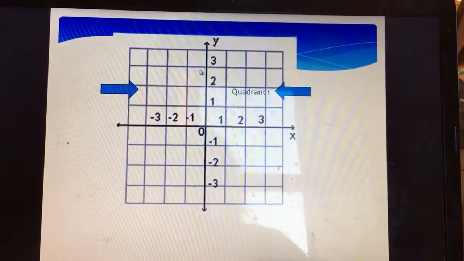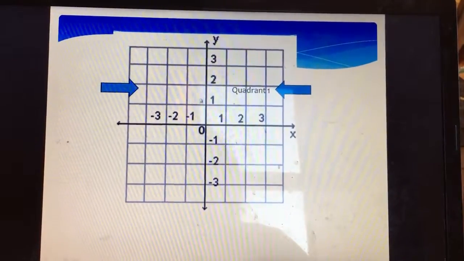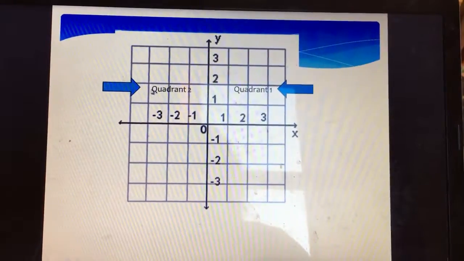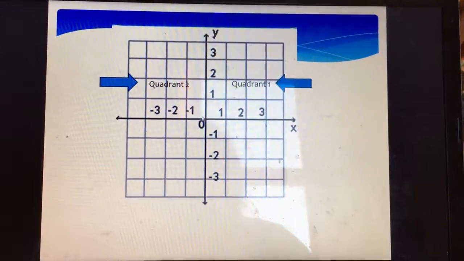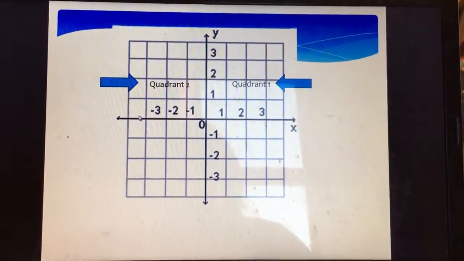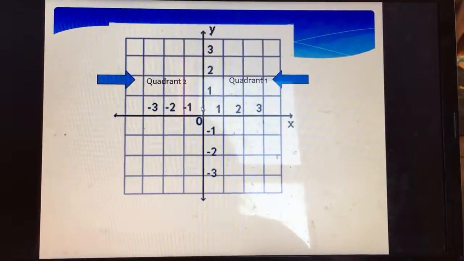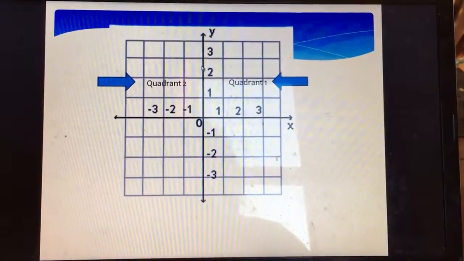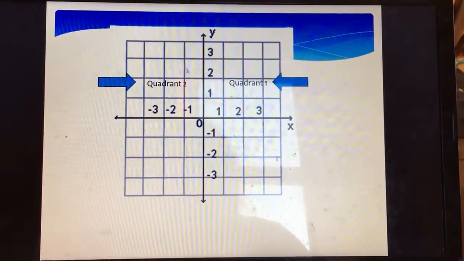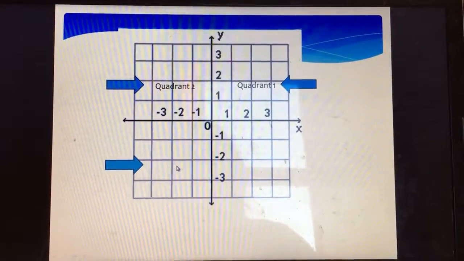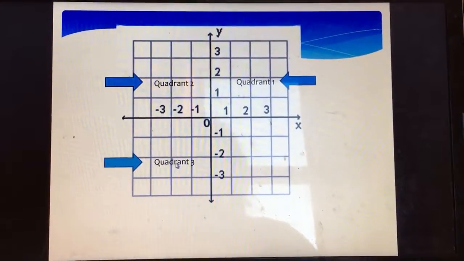If we start looking over here, you will see that this is going to be called quadrant 2. On the x-axis, the numbers would be a negative number, but the y-axis would still be a positive number because we would be going up. Next, we would go down to what is called quadrant 3.